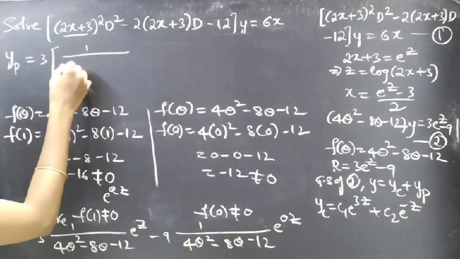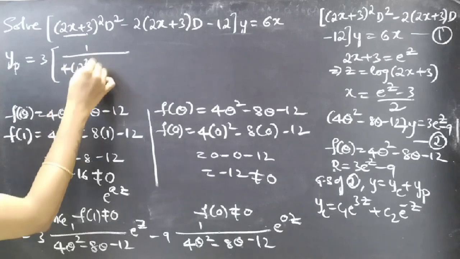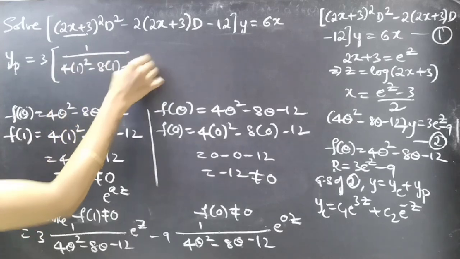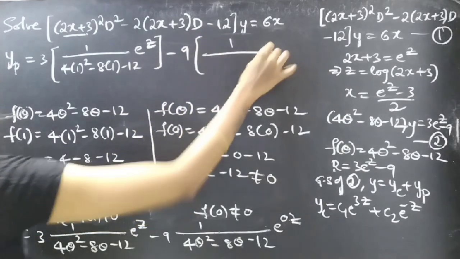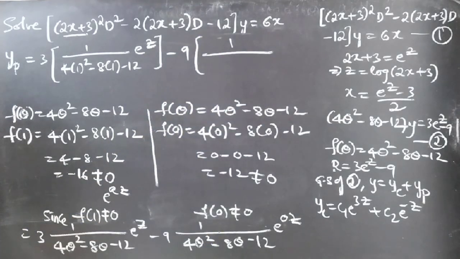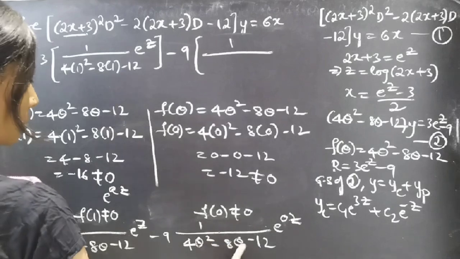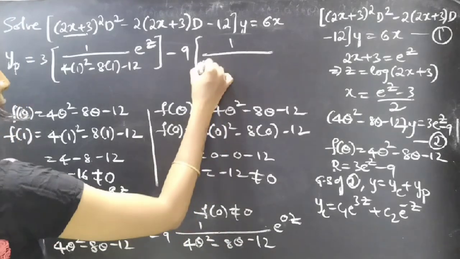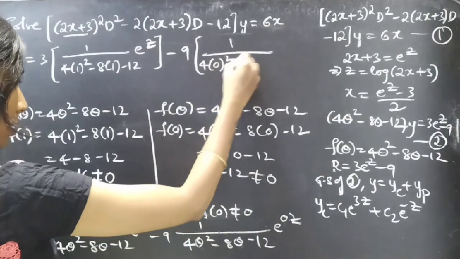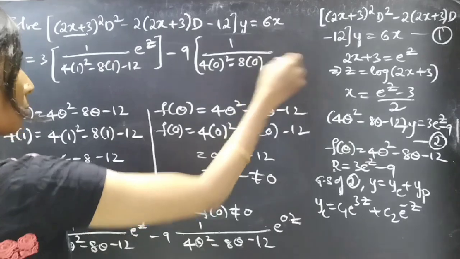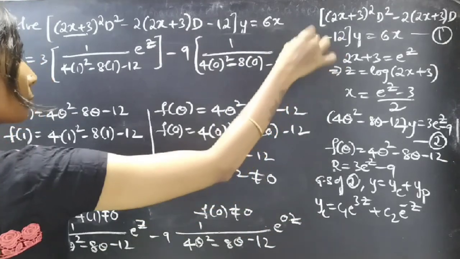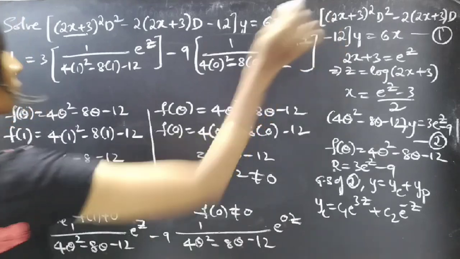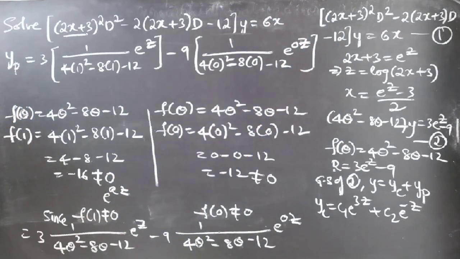We'll get 1 by 4 into 1 square minus 8 into 1 minus 12 into e power z, minus 9 into 1 by, since f of 0 is not equal to 0, so we'll just replace theta by 0, then you'll get 4 times 0 square minus 8 into 0 minus 12 into e power 0 z. Right? Fine.